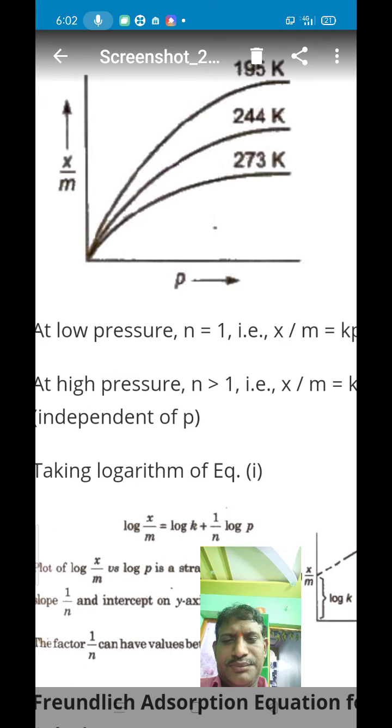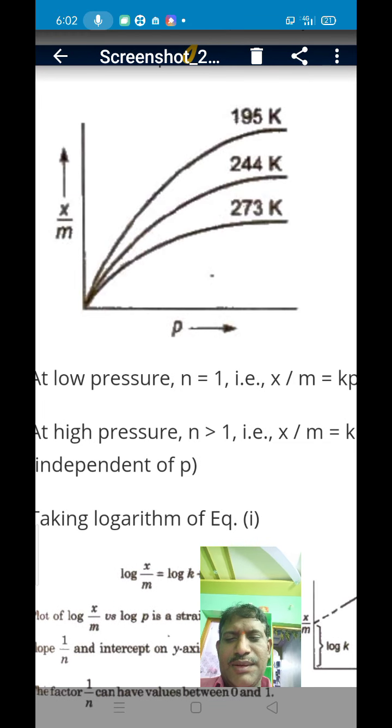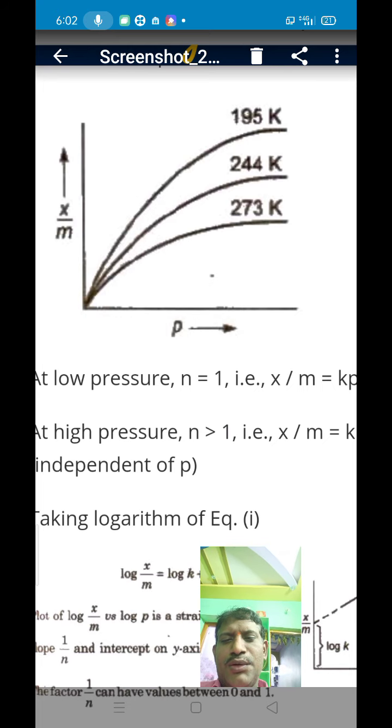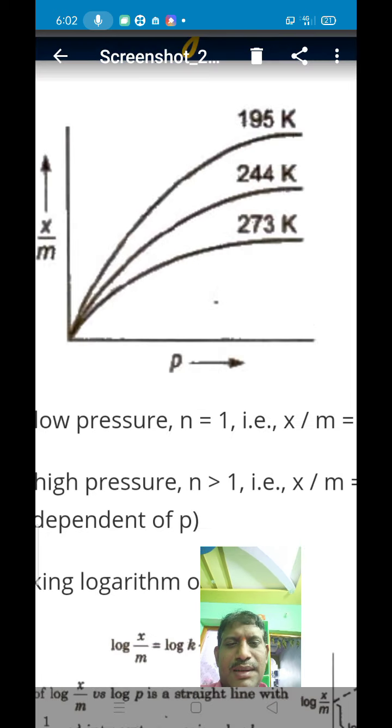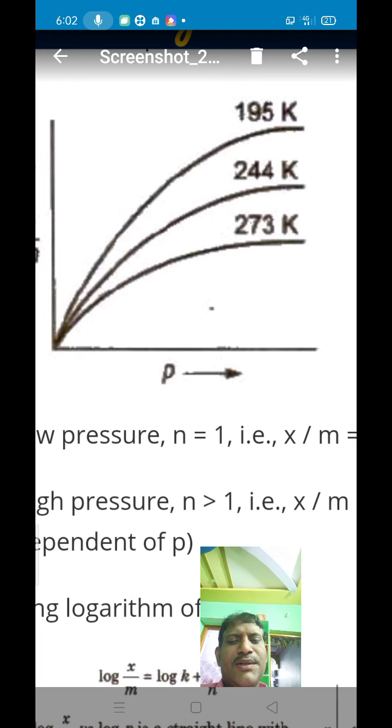See the diagram. The extent of adsorption is represented by x by m and pressure is represented by P. We take pressure on the x coordinate and x by m on the y coordinate. At constant temperature, we observe that at a fixed pressure, the extent of physical adsorption decreases with increase in temperature.